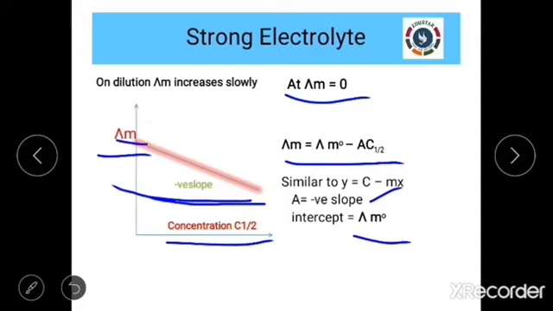That means it is intersecting the y-axis, or we can say the straight line gets extrapolated to the y-axis in order to make the concentration 0. The molar conductivity at 0 concentration means limiting molar conductivity, which is nothing but our lambda m0. Understand this concept clearly? So we have to proceed with some problems and some other things.